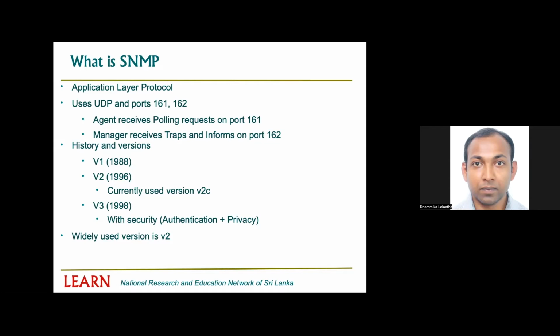Version 2 does not support authentication and privacy. Privacy means encryption. So in version 2, the SNMP messages are passed in plain text. If someone in the middle is going to view them, he can display the SNMP passwords and other information.